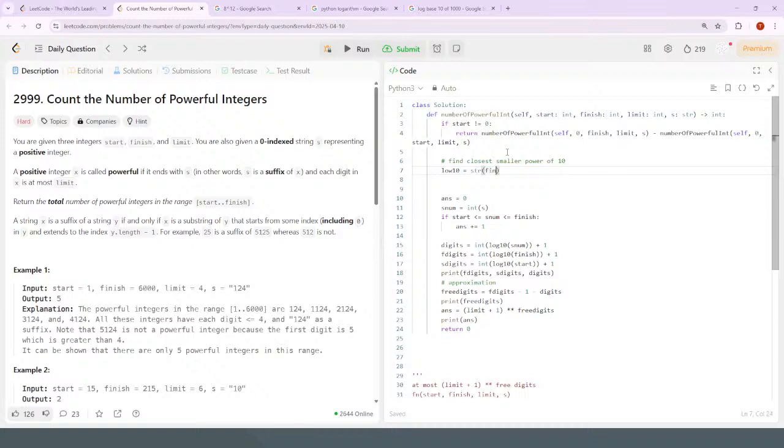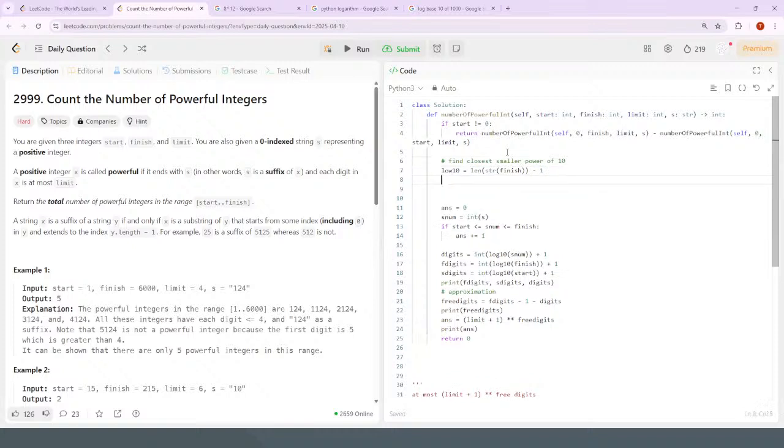String of finish, the length of that string, minus 1? No. So the length of the string would be like 4. Power of 10 would be 3. So that would be minus 1. Actually, let's go ahead and just print that out.